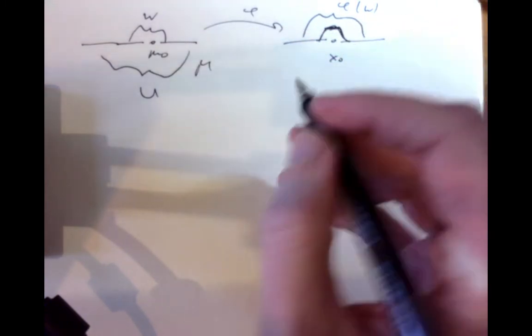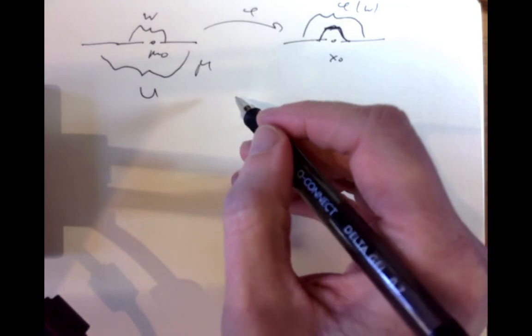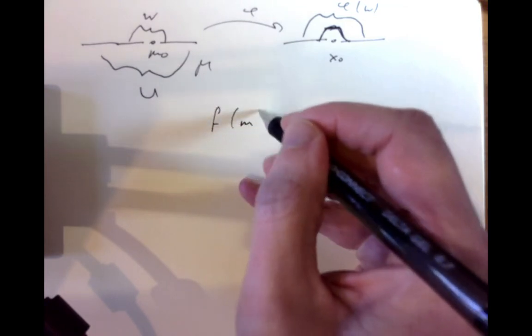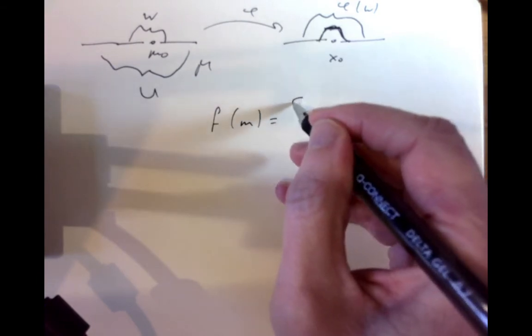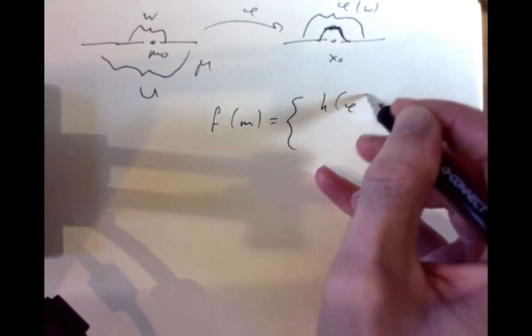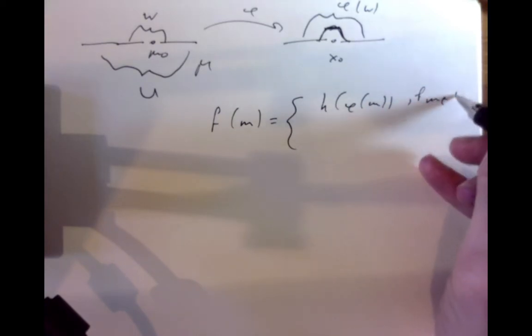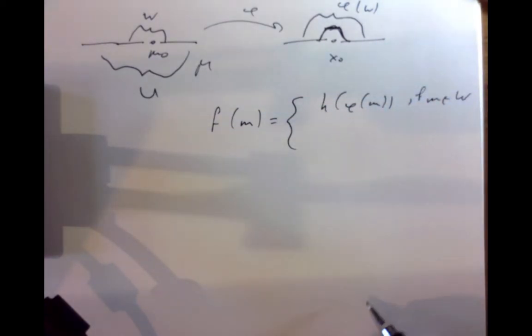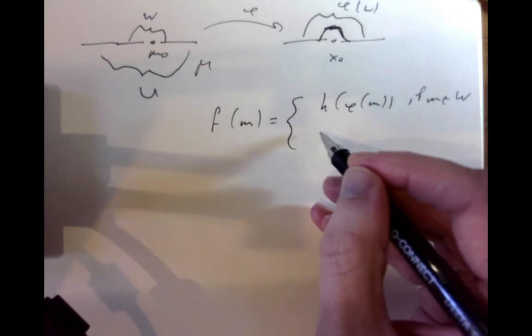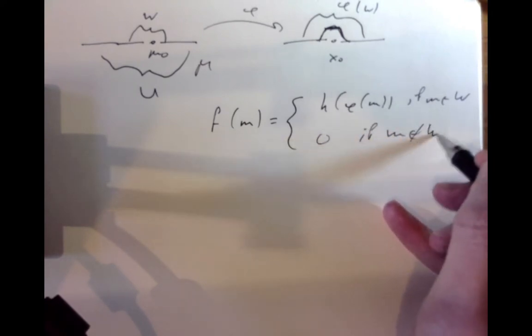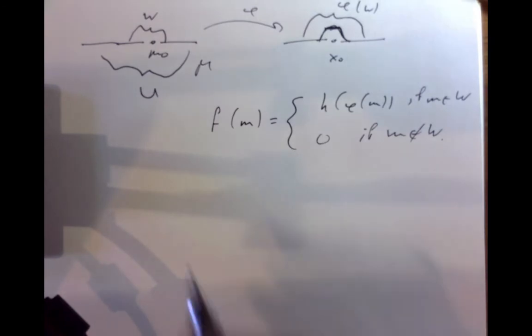And so what we do is, of course, we compose, and we're going to let f at any point m of our manifold be h of phi of m if m is in the open set W, where the chart's defined, and then 0 if m is not in W. We have to check that it's smooth.